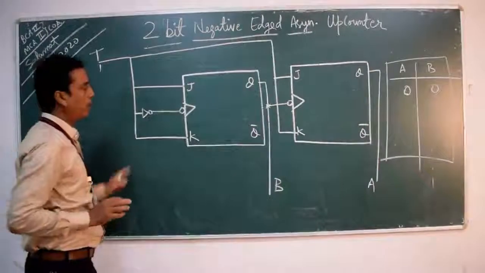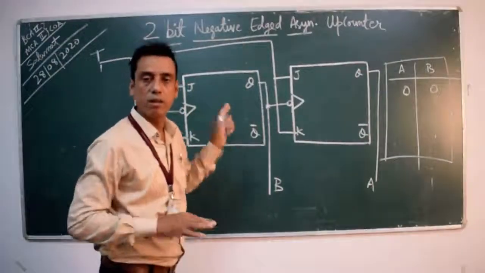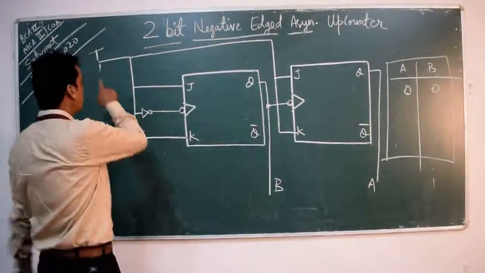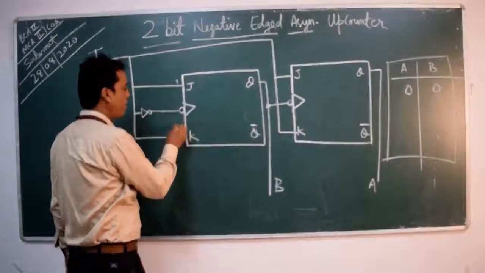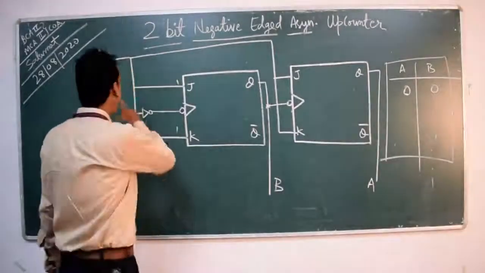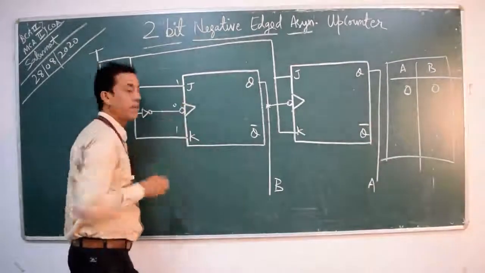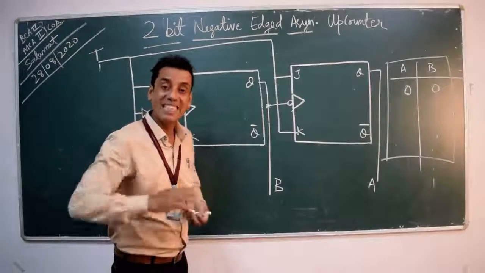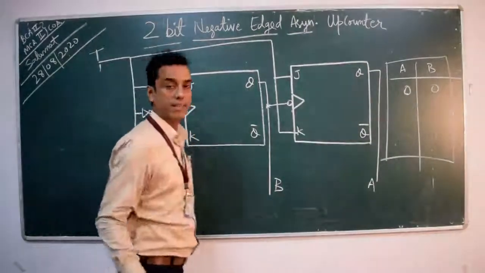Here I have drawn the design of the counter which will be triggered with 1. So when you send 1, it will come here, and the 1 will pass through the NOT line which will convert it to 0. It is a negative edged flip-flop which is triggered when 0 is found on its gate line.